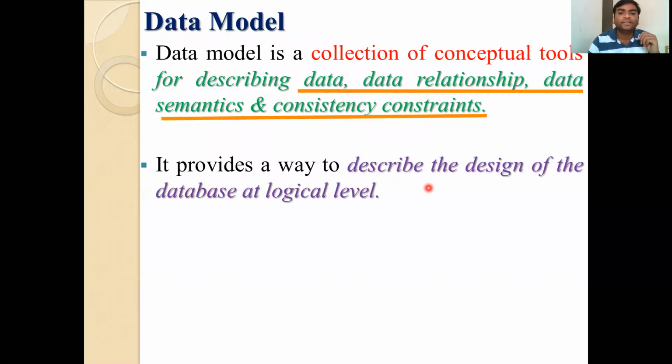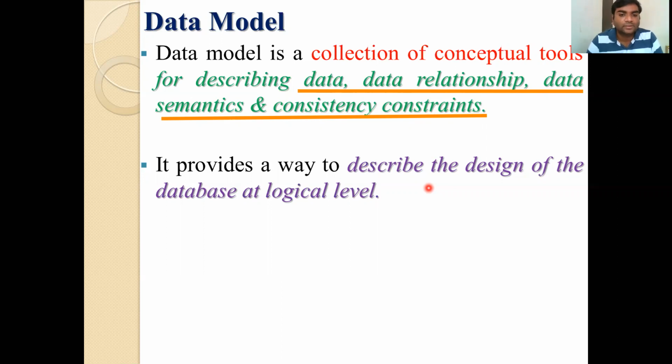Now it provides a way to describe the design of the database at the logical level. There are three levels of database, or three levels of data abstraction, that we discussed in our earlier tutorial: physical level, logical level, and view level. So data models provide a way to design the database at the logical level.